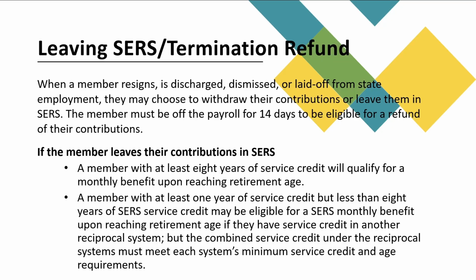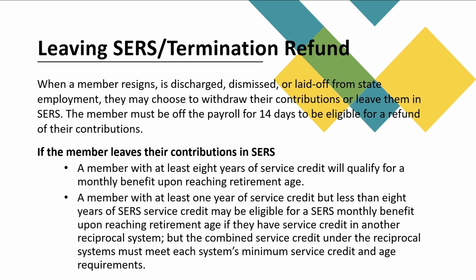If a member leaves their contributions in SERS, a member with at least 8 years of service credit will qualify for a monthly pension upon reaching retirement age for Tier 1 folks. For Tier 2 folks, they have to have 10 years in the system to be eligible once they reach a certain age.